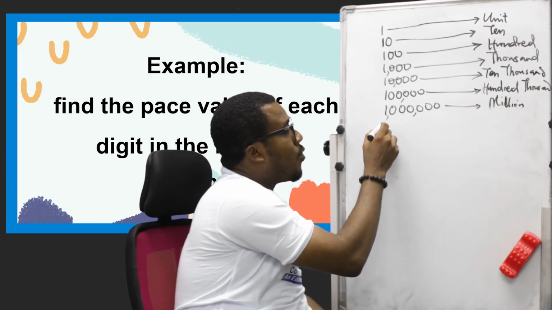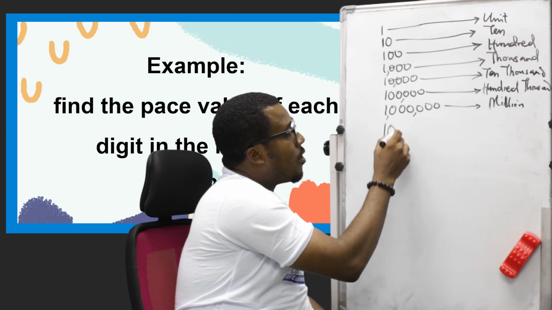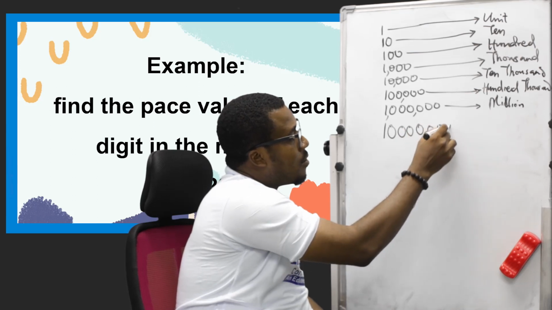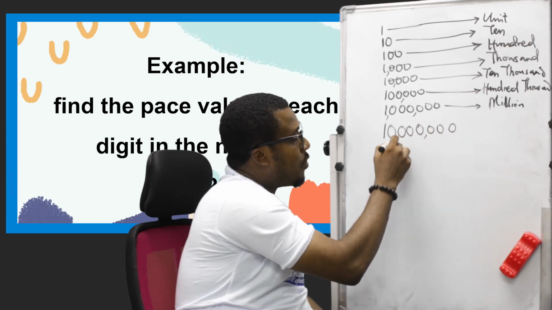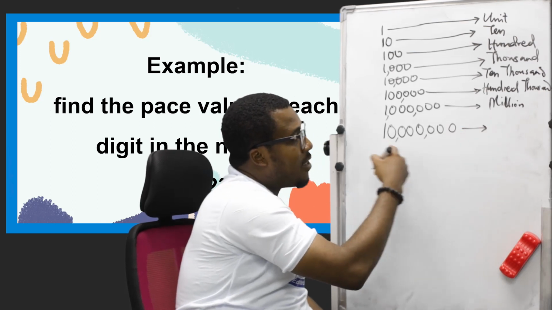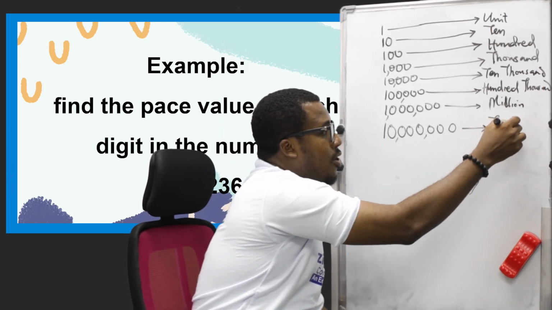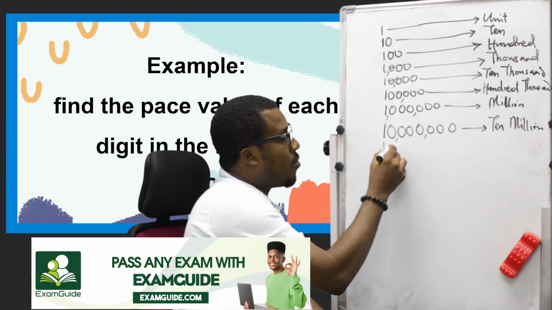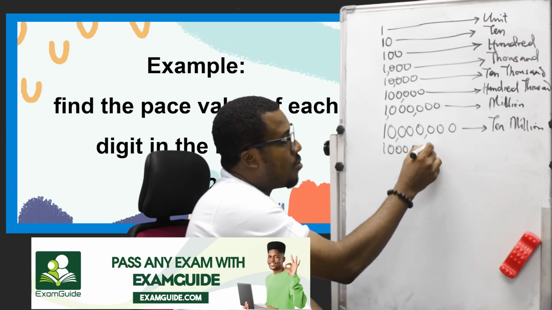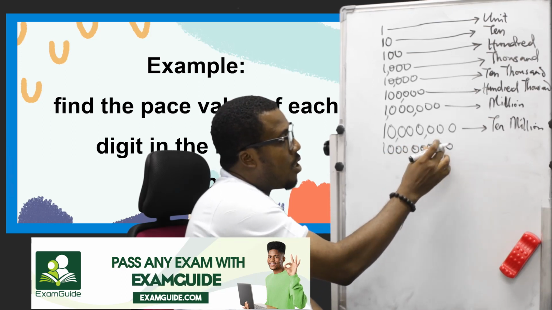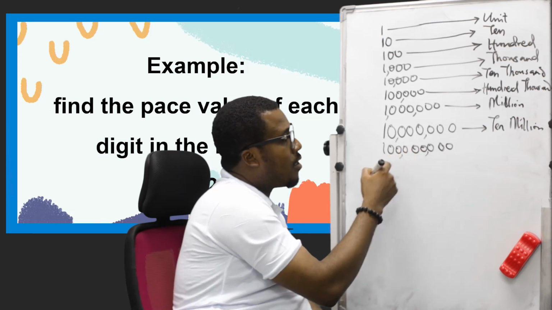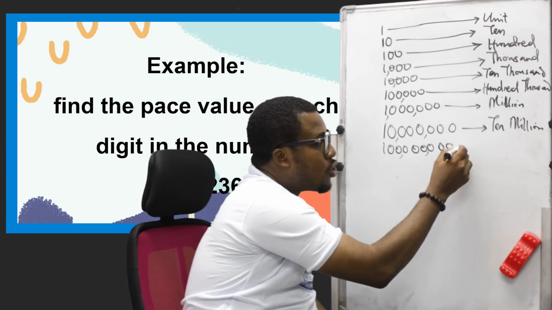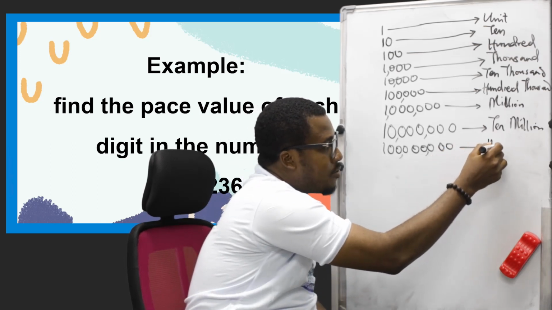Let's see if we can get up to 9 digits of zeros. 1, 2, 3, 1, 2, 3. Presence of 10 tells me this is 10 million. 1, 2, 3. 1, 2, 3. Presence of 100 tells me this is 100 million.